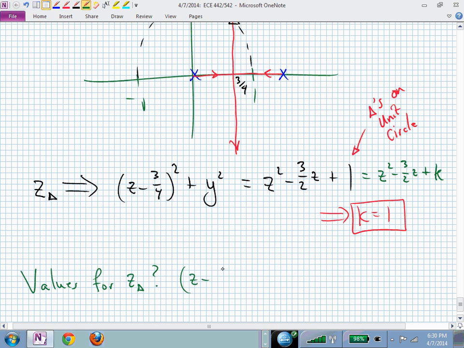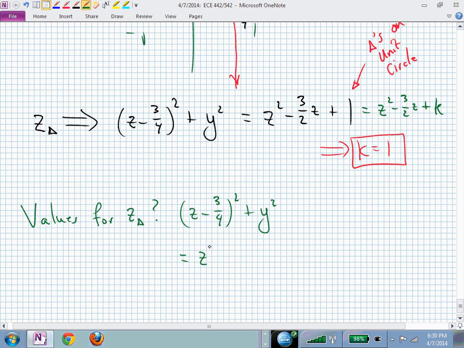We know that z minus 3/4 squared plus y squared is equal to z squared minus twice 3/4 times z plus 3/4 squared plus y squared. And that is equal to z squared minus 3/2 z plus 1. So now we know 1 is equal to this combination of squared pieces.